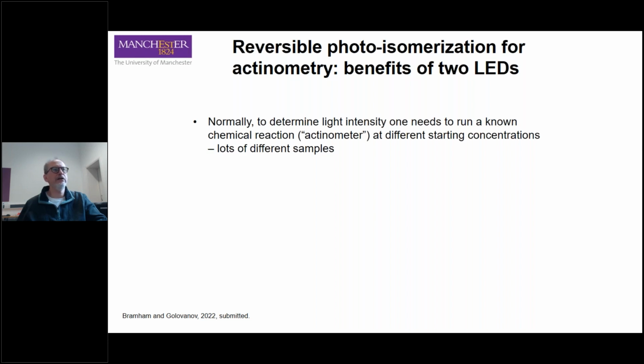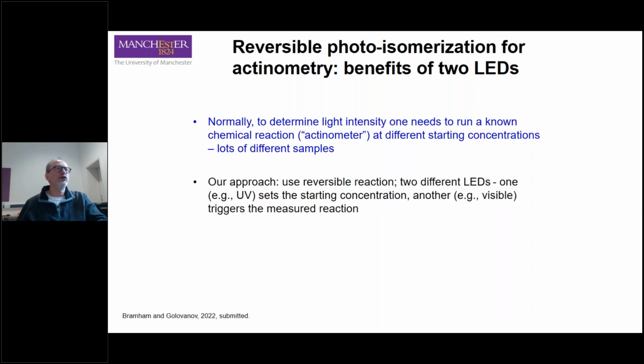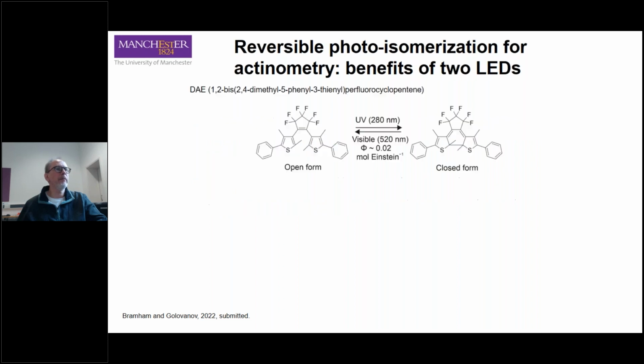So you need to handle a lot of different samples. With our approach, we propose to use a reversible photoreaction and two LEDs with a single sample, where one wavelength just sets the necessary starting concentration of the compound, and another LED triggers the reaction to be measured.